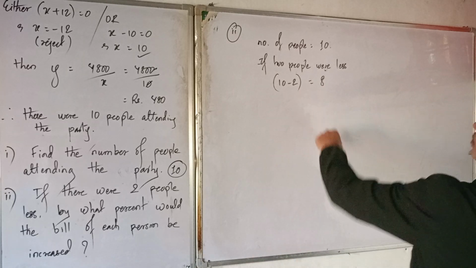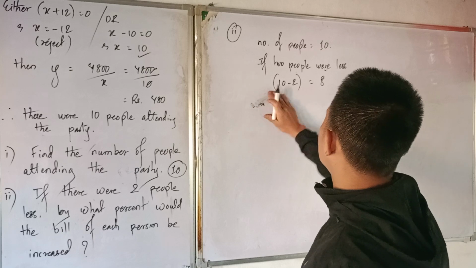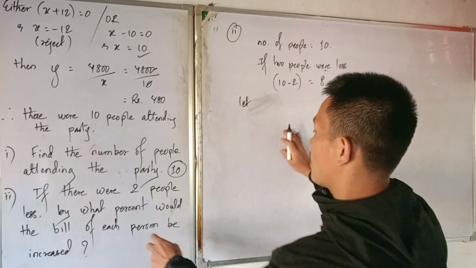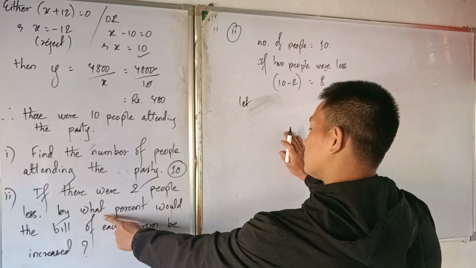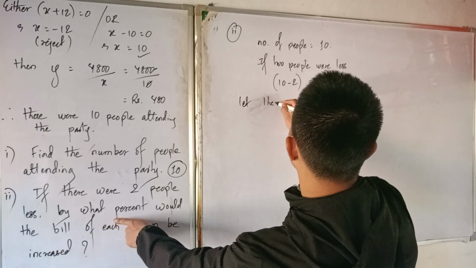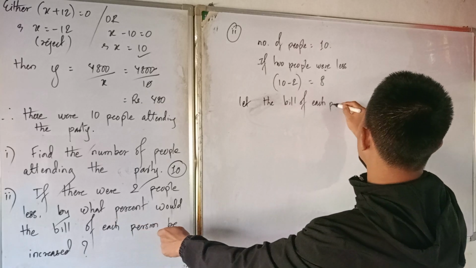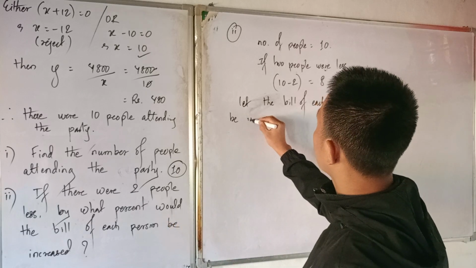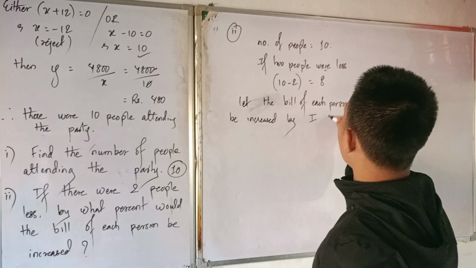So in this case, condition is given, two people less, then let the bill of each person be increased by i%.